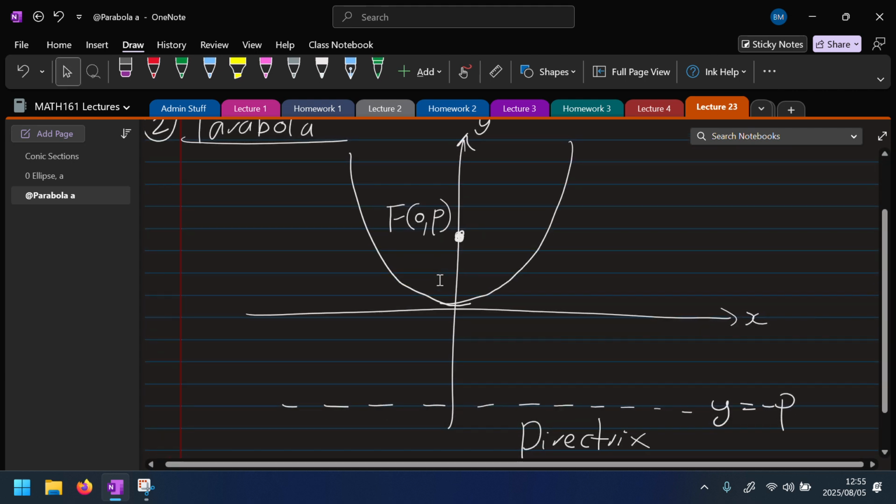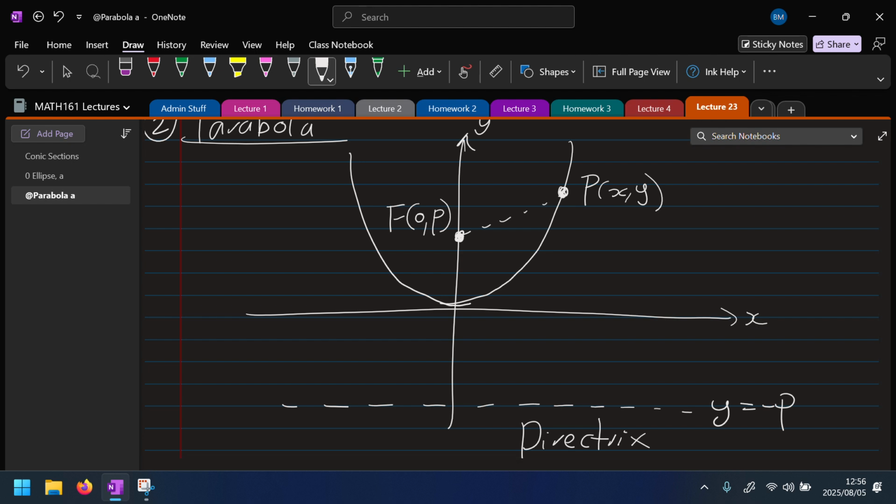Okay, so given those two, we can then define our parabola. So for any point P, let's say P(x, y) on the parabola, we're going to draw this line over there. And we're going to draw a line going down to the directrix. Okay, and it must be at 90 degrees. So that's a vertical line over there. Okay, so the definition for the parabola is very simple.